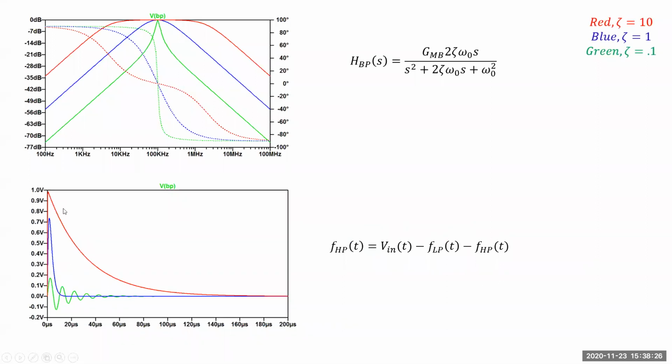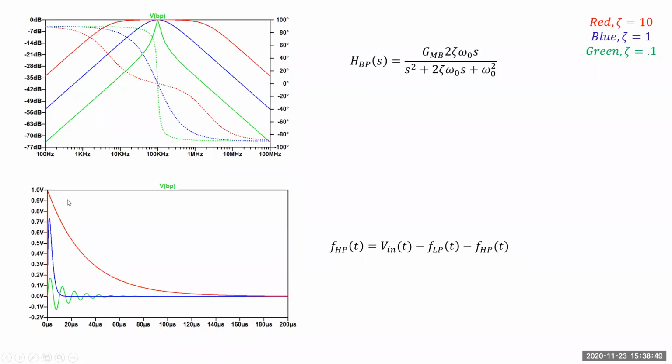With the bandpass, everything starts and ends at 0, but look at the red, the overdamped. What's going on is that the fast pole is dominating so much that it almost looks like the step response of a first order high pass filter.